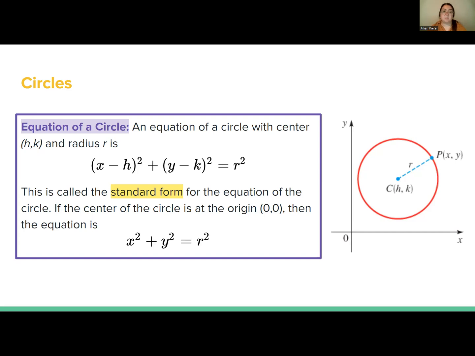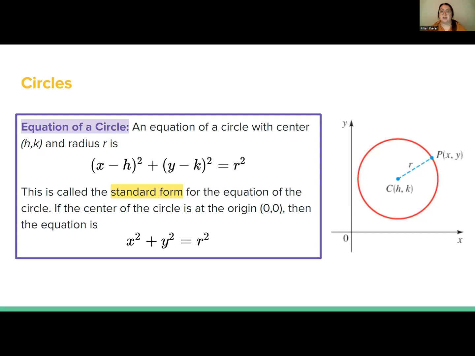So we have x minus the x value of the center, squared, plus y minus the y value of the center, squared, is equal to the radius squared. The radius is the distance between the center of the circle and the outer ring. This equation is called standard form for the equation of a circle. So if you're asked to find the equation of a circle in standard form, this is what you're looking for.